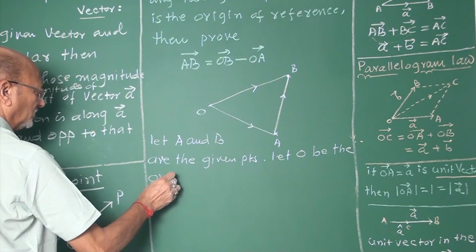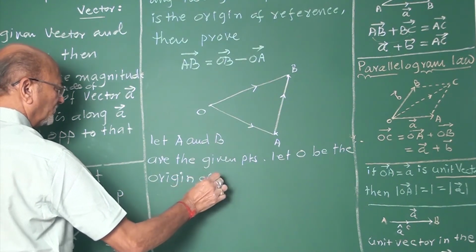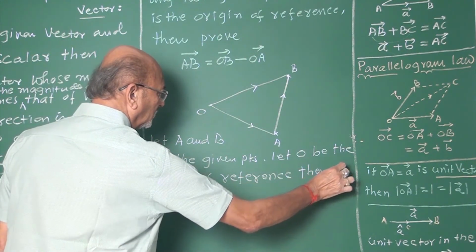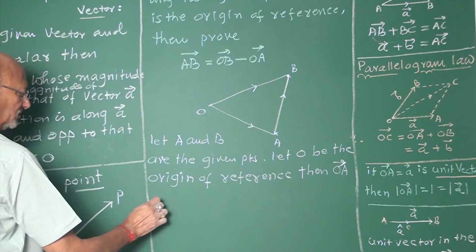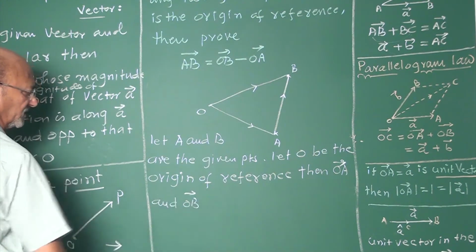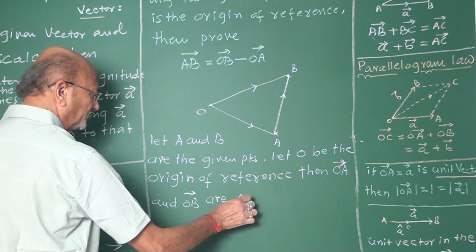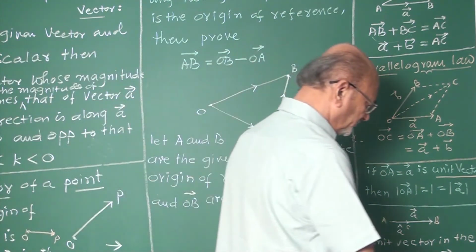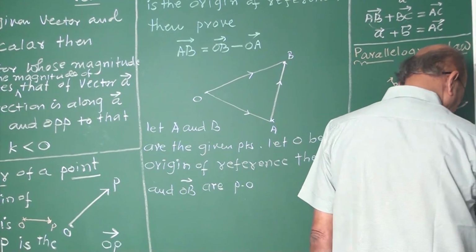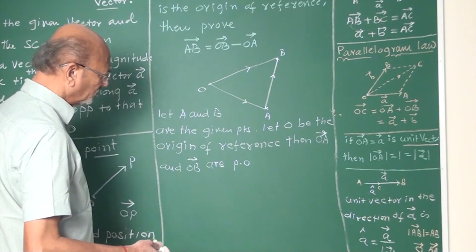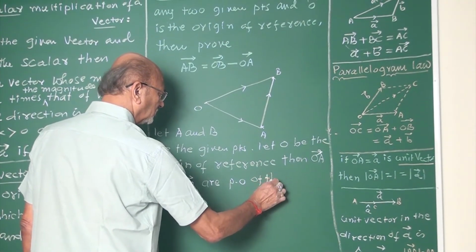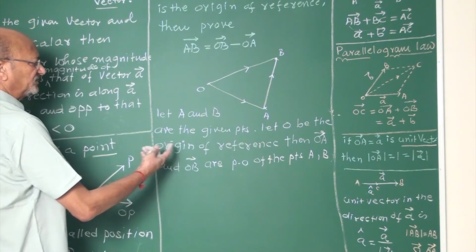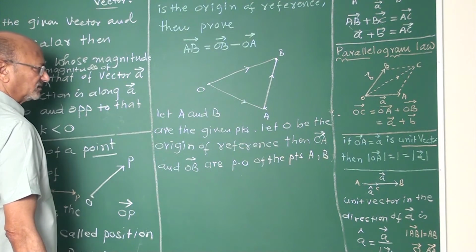Then vectors OA and OB are the position vectors of the points A and B. AB is the given vector.